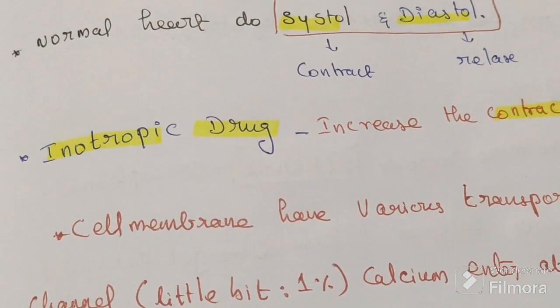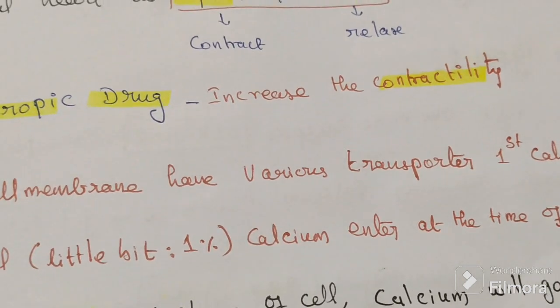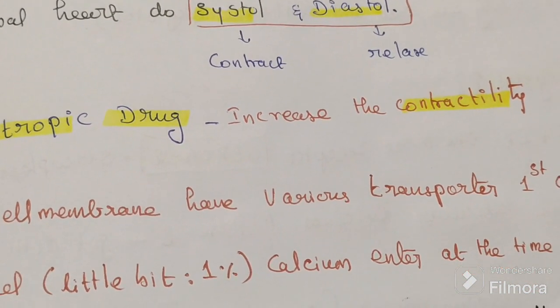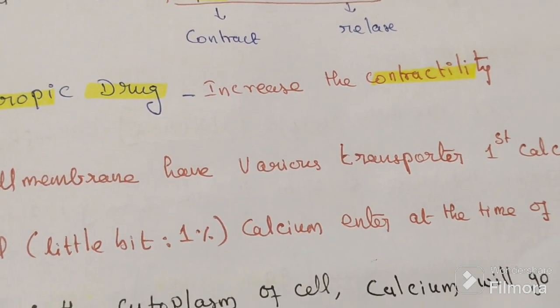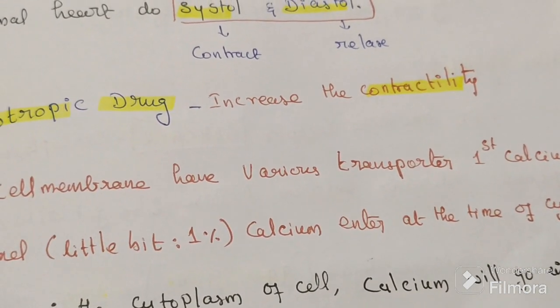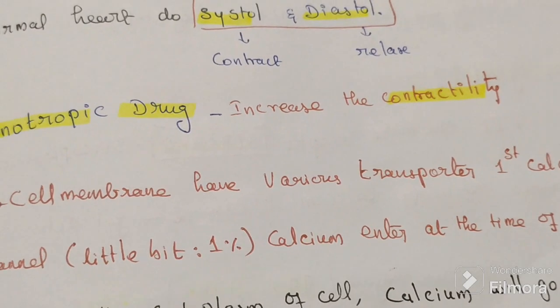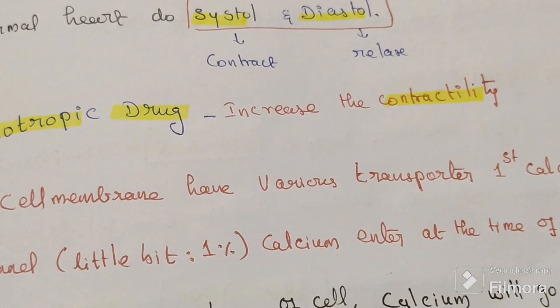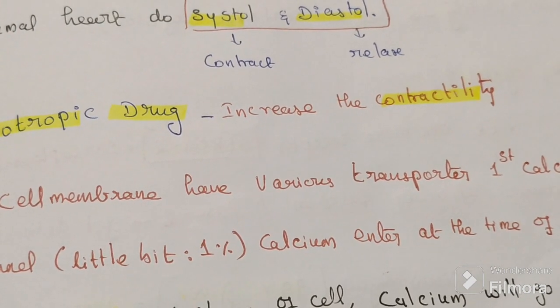So we want to understand the mechanism of action of inotropic drugs. We should understand how normal systole and diastole occur. If we understand that physiology, we can easily understand the pharmacology.